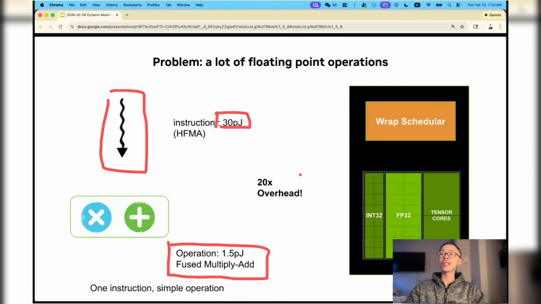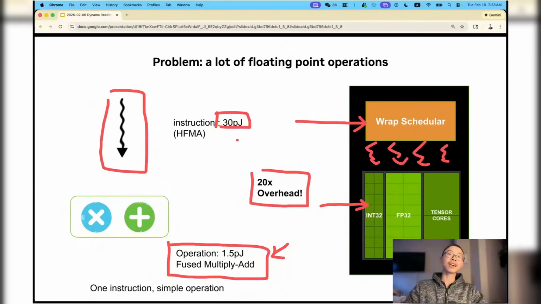So in naive GPU code, most energy is spent on issuing instructions. For example, the warp scheduler will issue threads to the computation hardware, and then the cores compute the operation, which costs less than issuing the instruction. Therefore, there's a 20 times overhead of launching a simple instruction.